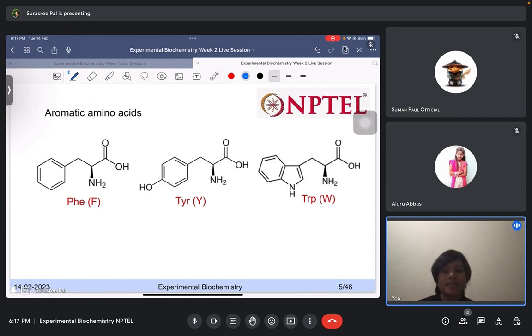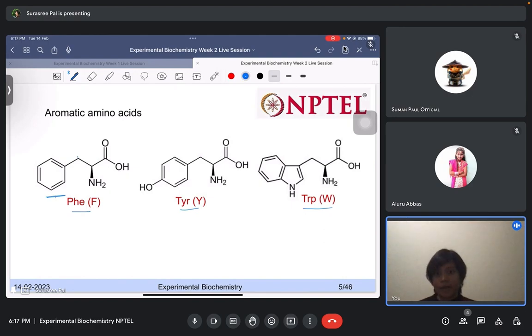These amino acids are different from the aliphatic ones because they have aromatic side chains, and these are phenylalanine, tyrosine and tryptophan. You can look at the structure of these amino acids. Phenylalanine contains a phenyl group linked to a methyl group. So here there is a methyl group, and here the phenyl ring is present.